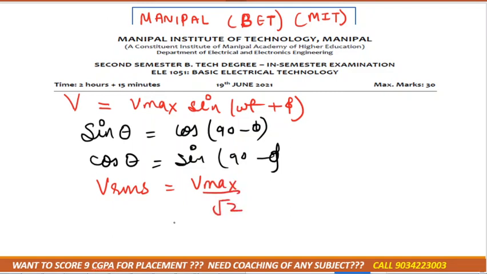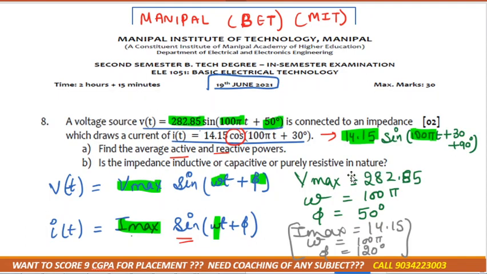So for calculation purpose, we will always use the RMS value. We never use the maximum value. Okay. So we want RMS. RMS stands for root mean square. Got it? So if I compare it, then we have Vmax, but we need VRMS.